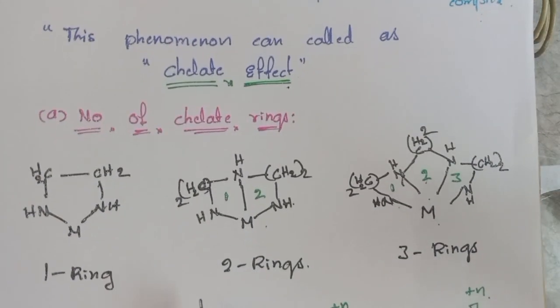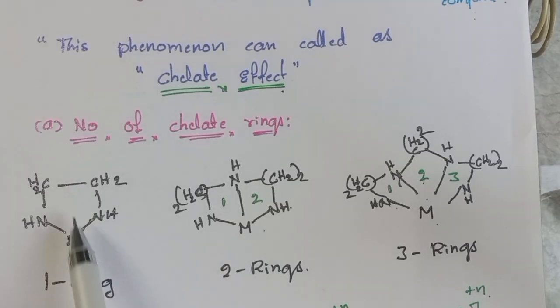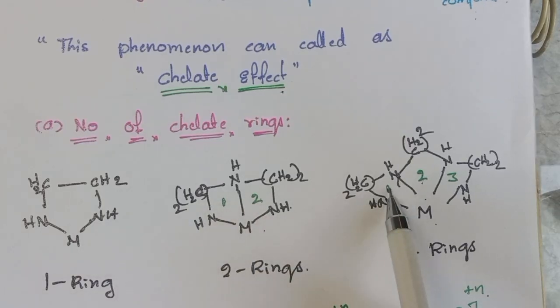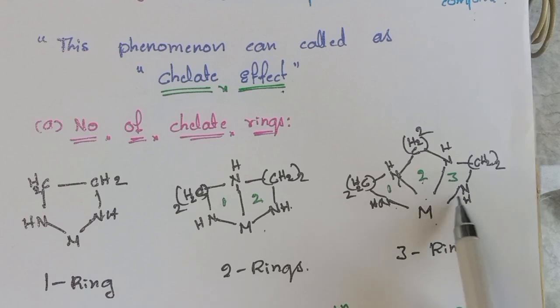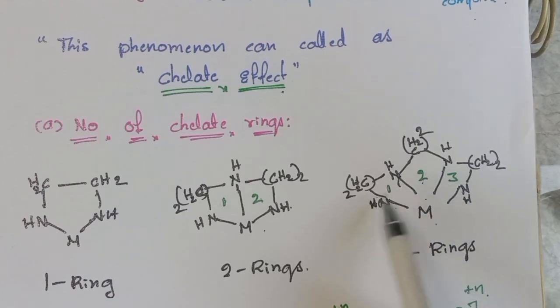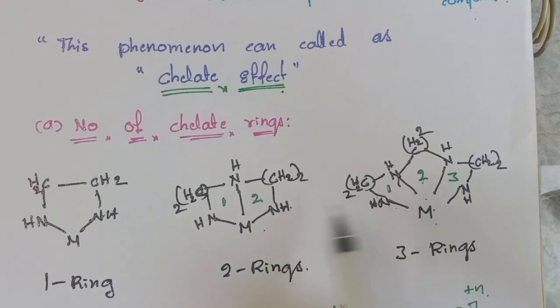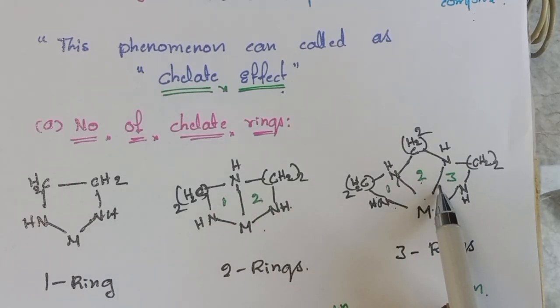So if you see, the number of chelate rings increases. For example, here the metal is coordinated with one ring. Here the metal is coordinated with two rings. Here three rings, right? So here the metal has coordinated with four donor atoms. Therefore, it can form a more stable complex. Here the metal is coordinated with three donor atoms, so it can form a somewhat less stable complex than this one, right?